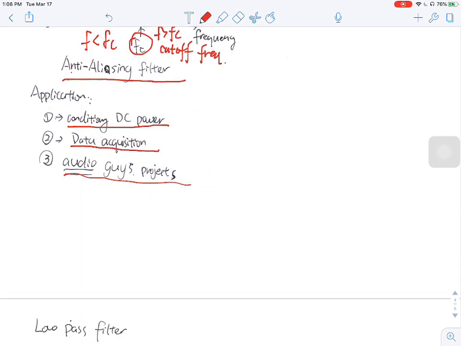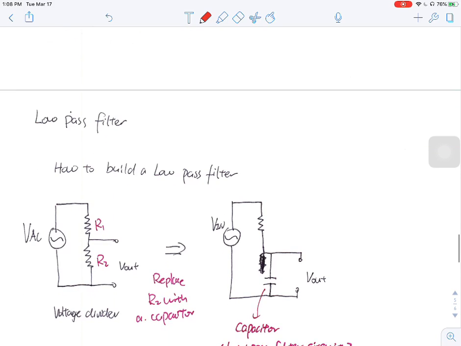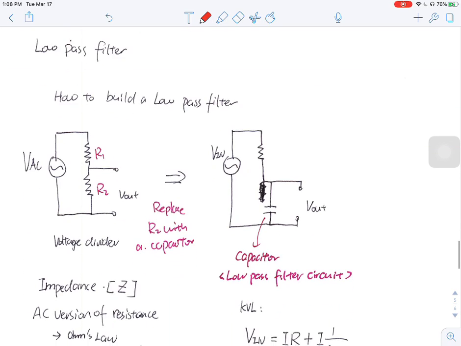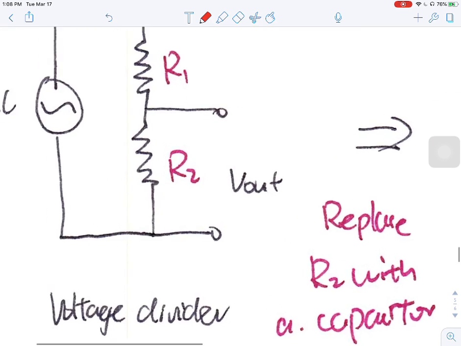Let's look at an example of how to build your own low-pass filter. The low-pass filter circuit actually looks very similar to a voltage divider.